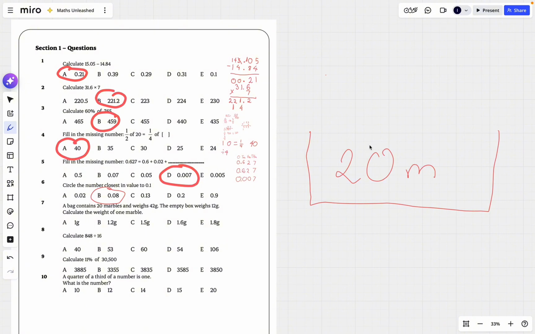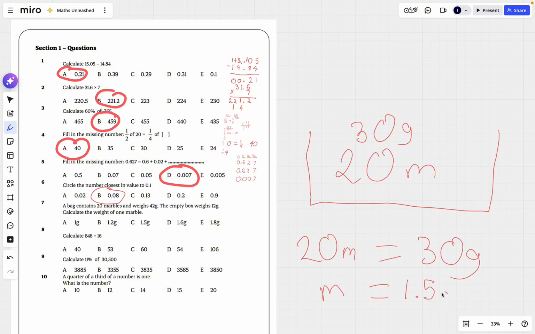That means that 20 marbles weigh 30 grams. We want to calculate the weight of one marble, so we divide both sides by 20. 30 divided by 20 is 1.5. So one marble is 1.5 grams, which is C.